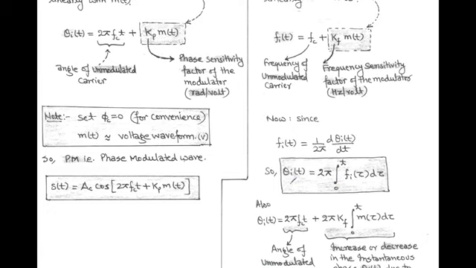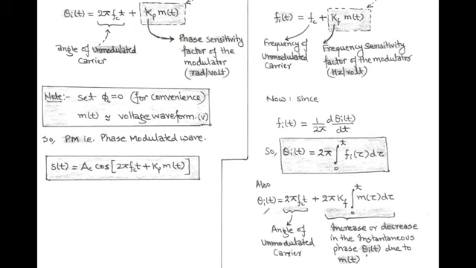So after this arrangement, the instantaneous angle theta i(t) is equal to 2 pi integration fi(tau) d tau, and we take a limit from 0 to t. Here tau is another time variable. Now we put the instantaneous frequency, that is fi(t), in place of fi(tau), and we get theta i(t) equals 2 pi fc t plus 2 pi Kf integration m(tau) d tau.